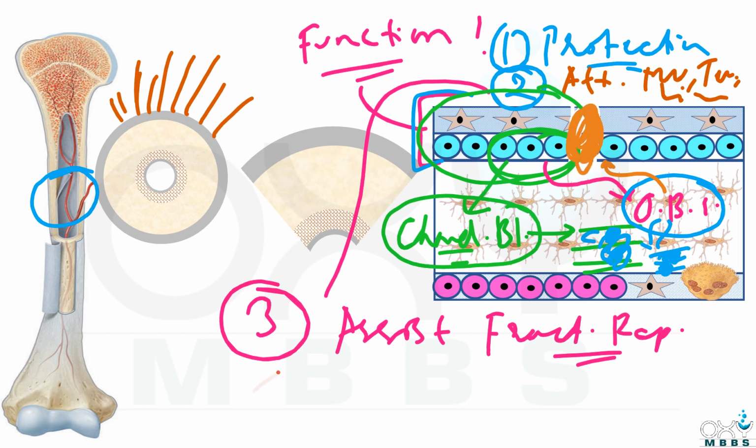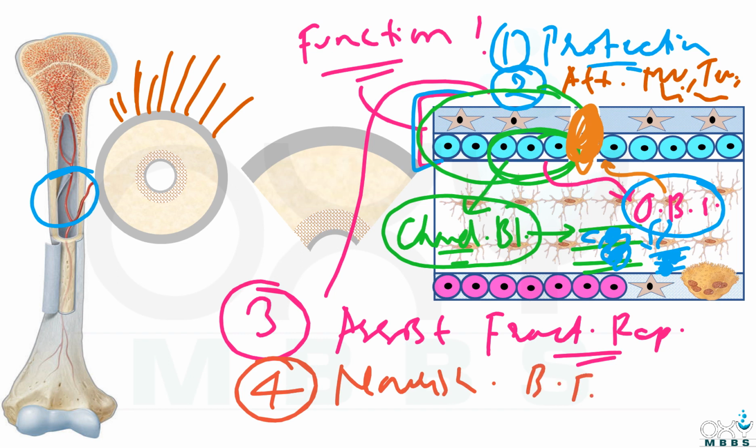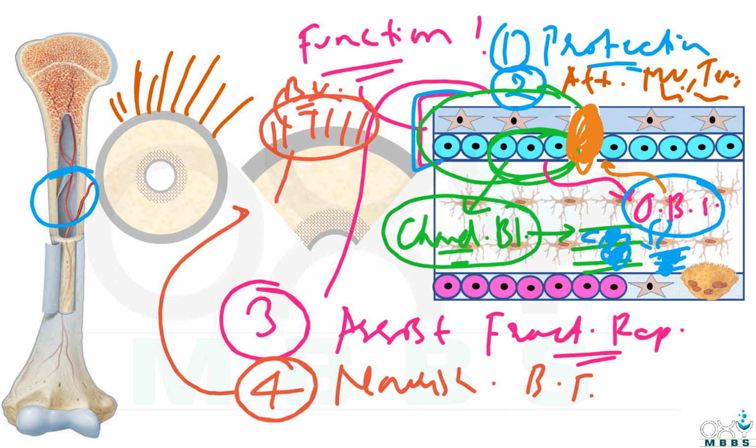The fourth function of the periosteum is to provide nourishment to the bone tissue. How? As the periosteal layer has blood vessels, and these blood vessels are called periosteal vessels, through these blood vessels nutrition is supplied to the bone tissue.